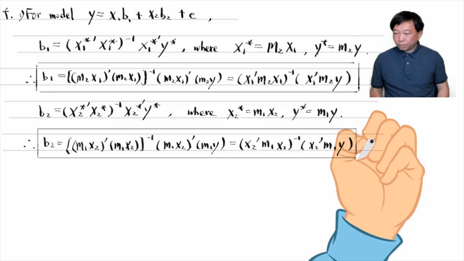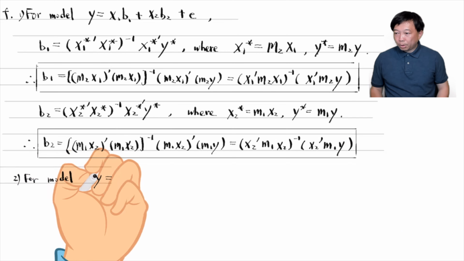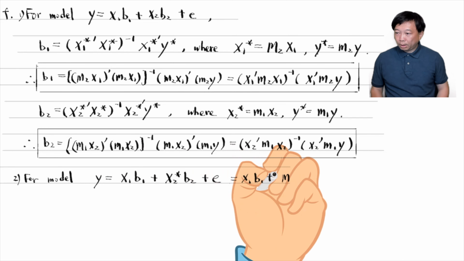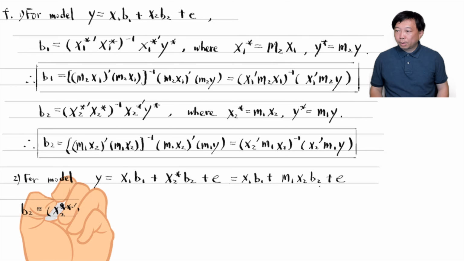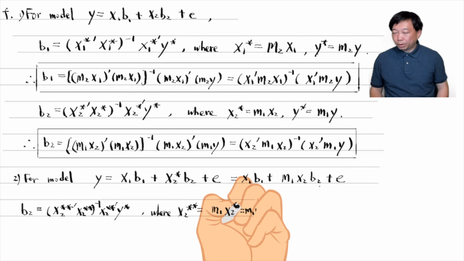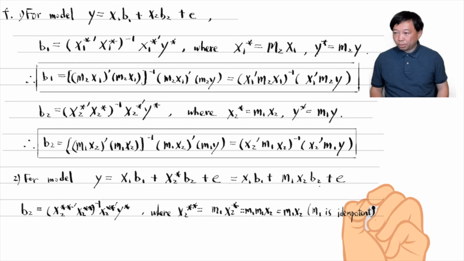Returning to this question, we write the second model with x1 and x2 star as the two sets of explanatory variables. We write the expression for the OLS estimator B2 based on the Frisch-Waugh-Lovell theorem. x2 double star is the residual in the regression of x2 star on x1.